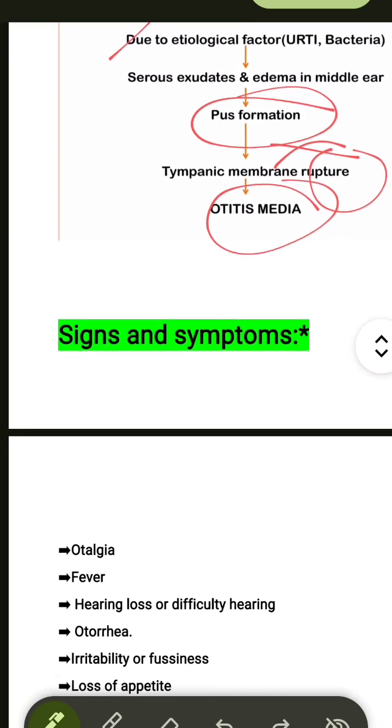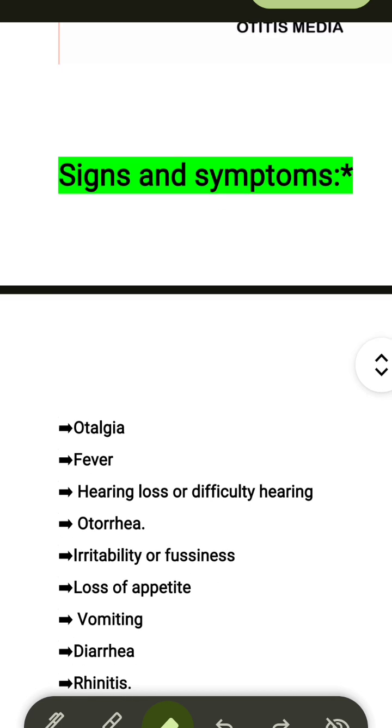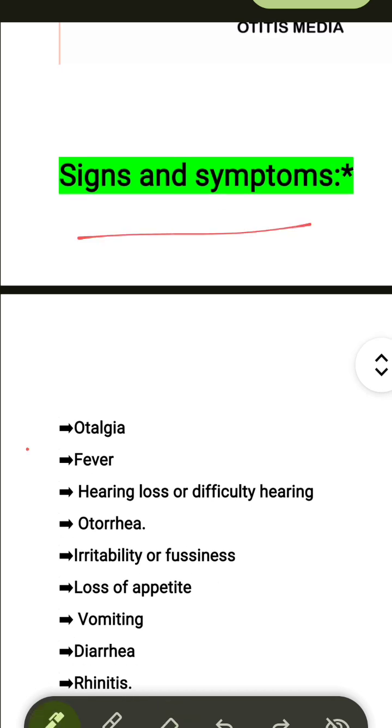Next we'll see the signs and symptoms. Basically there is otalgia. Oto means ear, and algia means pain, so ear pain will be there, and fever will be there.